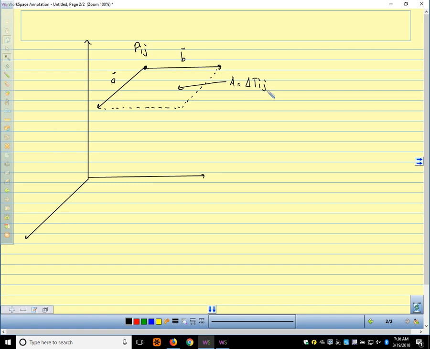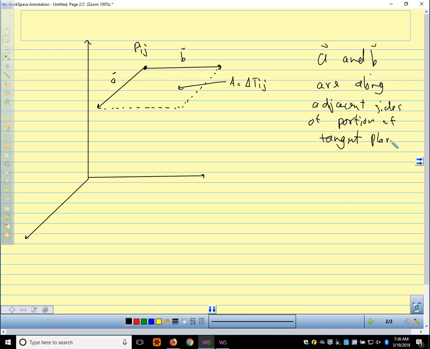So A and B are adjacent sides of the portion of the tangent plane at P sub ij.